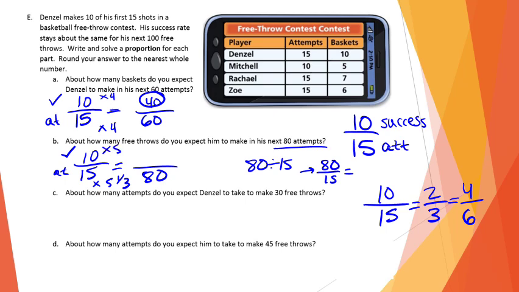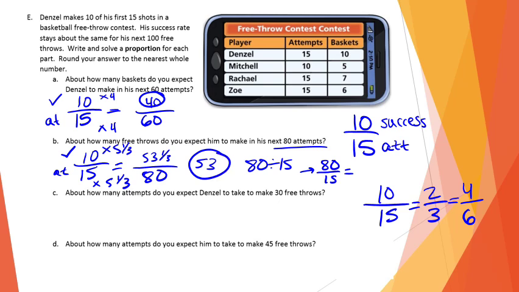And so then 10 times 5 1/3 would make 53 1/3. Now, obviously you can't make a third of a free throw. So if you want to say your estimate is around 53 or 54, either of those would be appropriate.